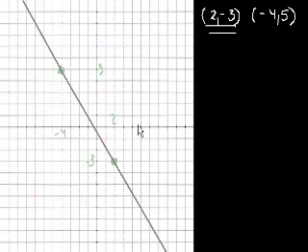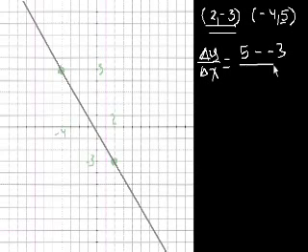All right, so first we need to figure out the slope. Well, we could just do that doing the algebra. So slope is just delta y over delta x, change in y over change in x. Let's take this y as the first point now. So we'll say 5 minus this y, negative 3, over, since we use the 5 first, we have to use the negative 4 first as well, negative 4 minus 2.